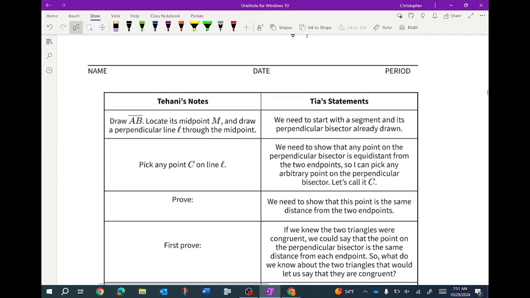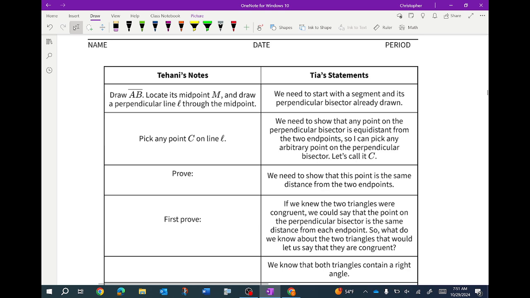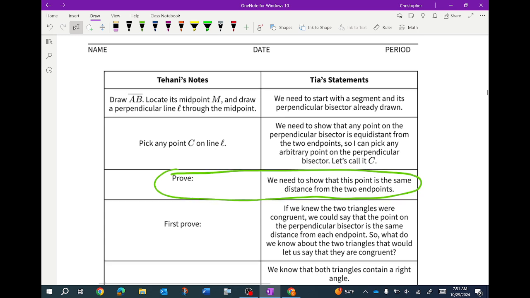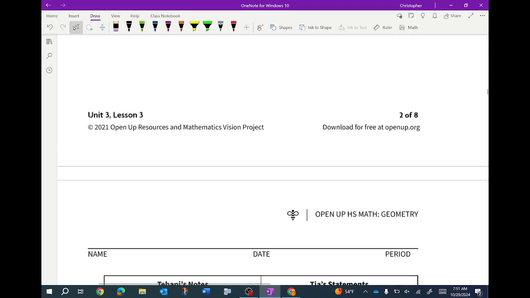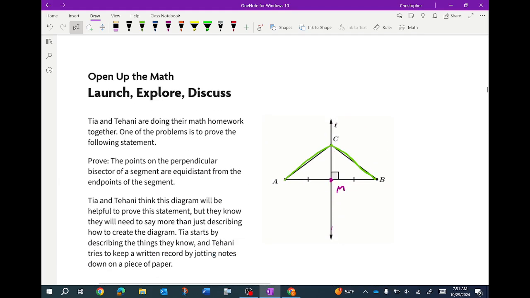Okay. Next, we look at what we're trying to prove, and that is what I highlighted above. We're trying to prove that the distance from point C to the two endpoints is the same. Now, this next statement here is interesting. Instead of just trying to directly prove that those two segments are the same, we're going to look at the two triangles that we have here.